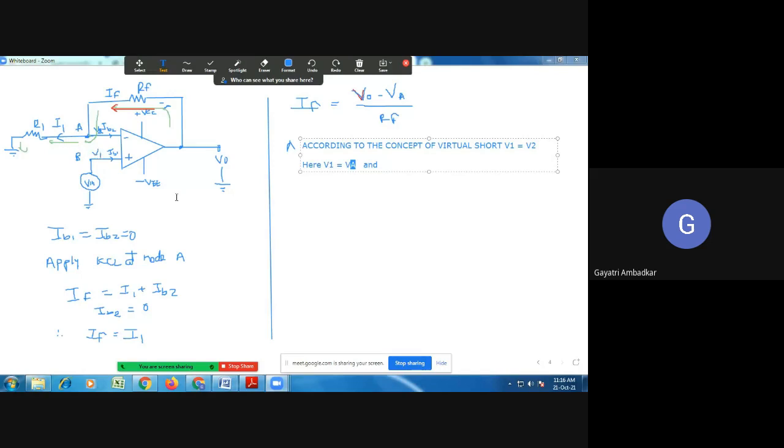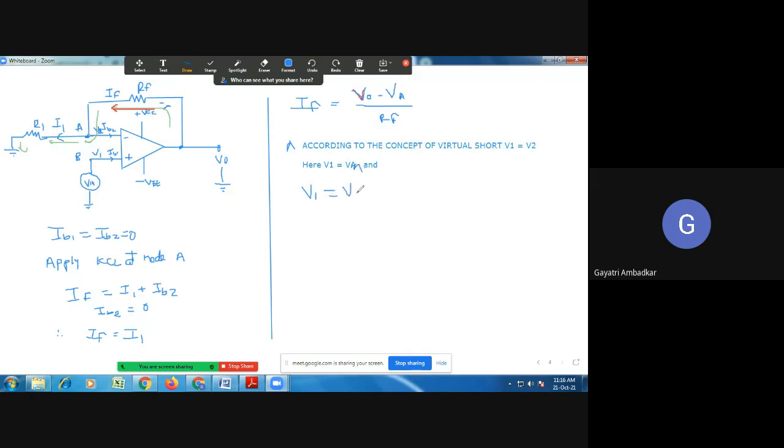So V1 is nothing but Vin. Please look here. This is V1 and to this terminal we have connected Vin. So this voltage is nothing but Vin.